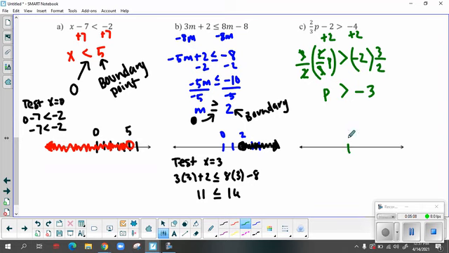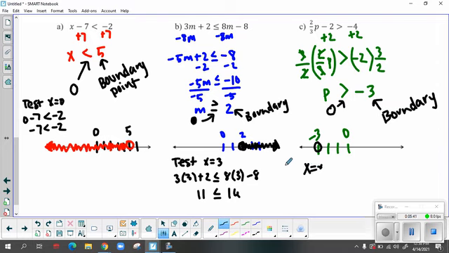So I'm going to put 0 on the number line. I am also going to put negative 3 because, again, negative 3 here is my boundary. And I'm assuming that we need values greater than, so that's an open circle. I would assume that we are going to shade to the right. So I'm going to test an x value that is on the right-hand side. So I'm going to let x equal 0 for my test.